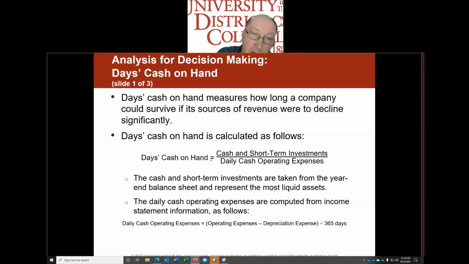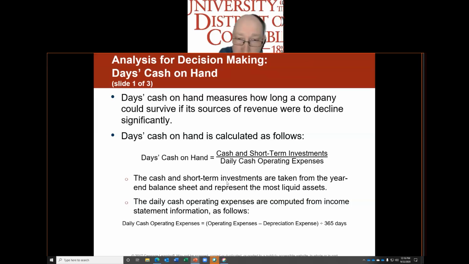To figure out how long the company could survive, we take the cash on hand and any short-term investments, if there are any. We divide that by the daily cash operating expenses. Basically, what this formula tells me is how long a company can survive.